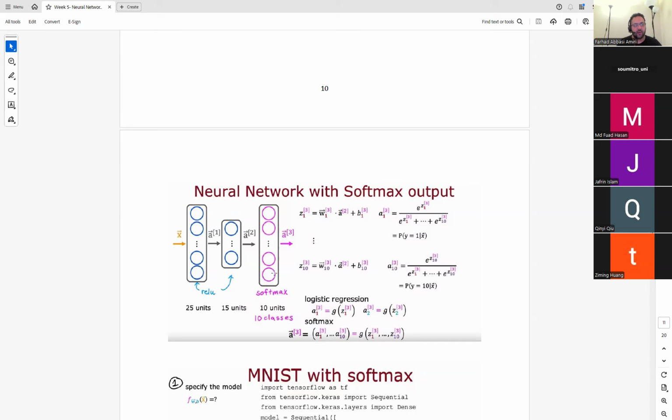And then the output of this node, which is A10, is this softmax regression model. The first one shows the probability of y being 1. The last one shows the probability of y being 10.